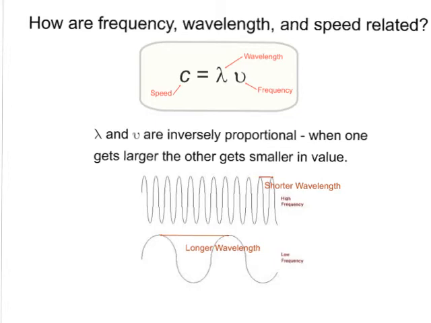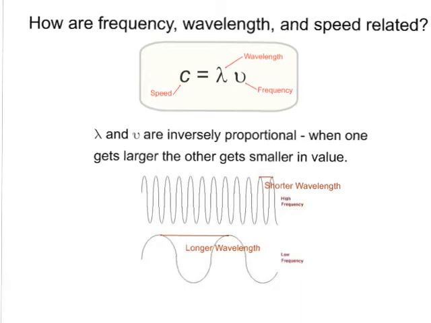Here we're going to discuss how frequency, wavelength, and speed are related. They are related in this nice little equation right here: speed of light equals wavelength times frequency, or c equals lambda nu, is another way you can remember it. The relationship between frequency and wavelength is very important to note. Since they're multiplied together in this equation, the two are inversely proportional.